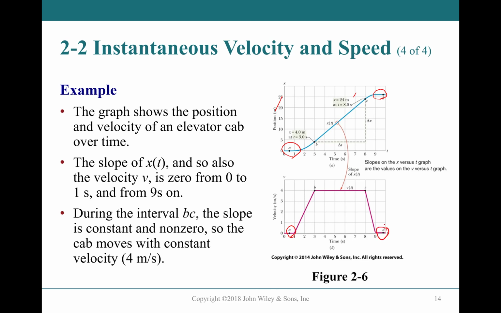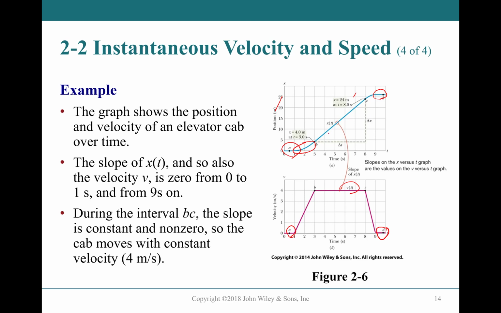So you can see this little part here. And from B to C is a straight line, so it's a constant velocity, as you can see here. From 1 second to 3 seconds, this is a curve. A curve usually tells you the velocity is increasing.